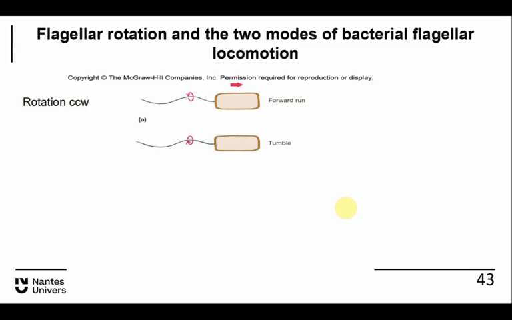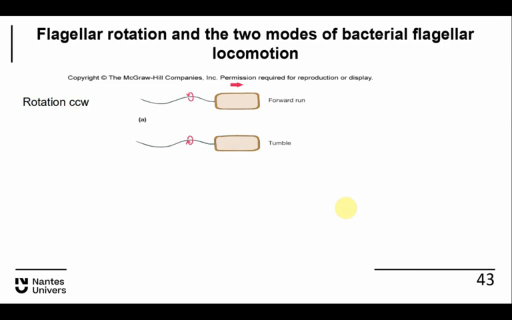Then I can move around in 3 dimensions. But bacteria don't have that with flagella. They just have 2 options. I can move my flagellum around like this, or the other way around. And they've got to try and move around in 3 dimensions in a controlled way just with this.